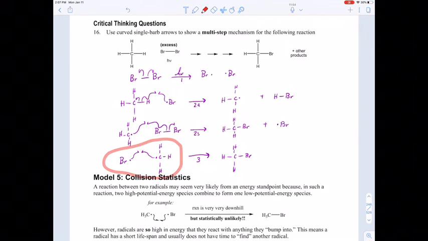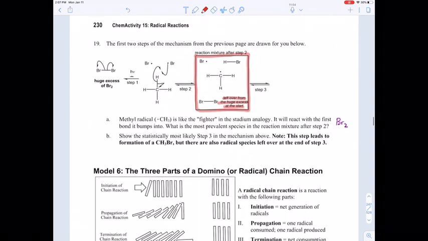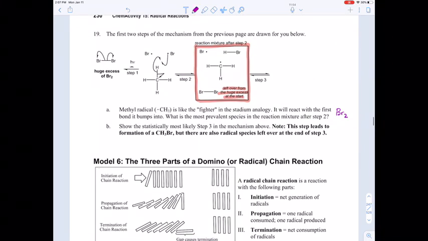Those are both ones where a radical bumps into a non-radical species. The last one I labeled 3, not 2C, because that is two radicals coming together. So the statistically most likely step is going to be step 2B.